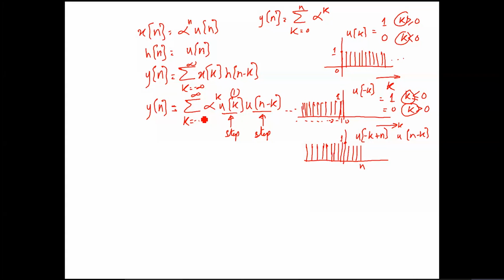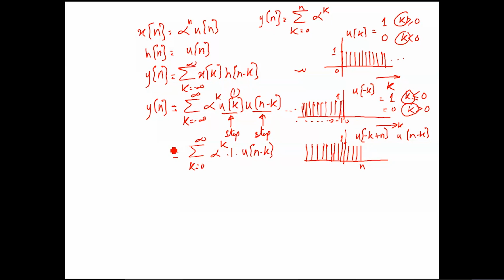If we see the summation for k, we can divide the summation into two parts. For k from minus infinity to minus 1, this value will be 0, and then for k from 0 to infinity, this value will be 1. So the first part will become 0, and for the second part, k equal to 0 to infinity, this alpha k, this step signal is 1.